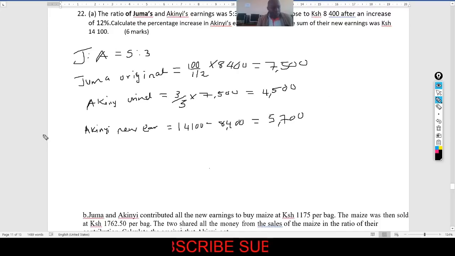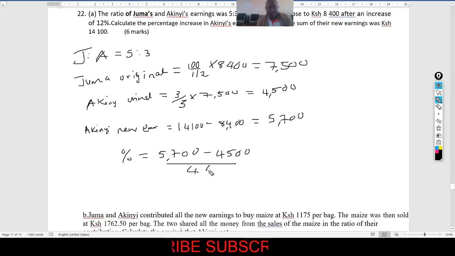Then we calculate the percentage increase in Akinyi's earning, given the sum of their new earnings. Percentage increase in Akinyi's earning equals the new earning, which is 5,700, minus the original earning, that was 4,500, over the original earning, which was 4,500, then times 100.